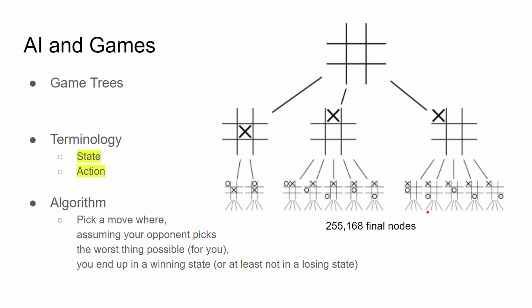Do we build up a giant tree of 255,000 items in our head? Possibly not. So there are going to be some limits to this very simple, methodical approach. But this is where things start. 255,000 nodes in this giant game tree. Search the tree, figure out what you're going to do.